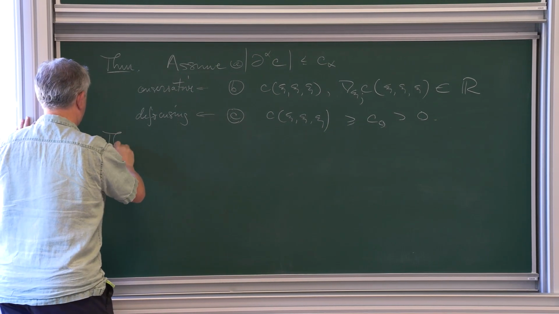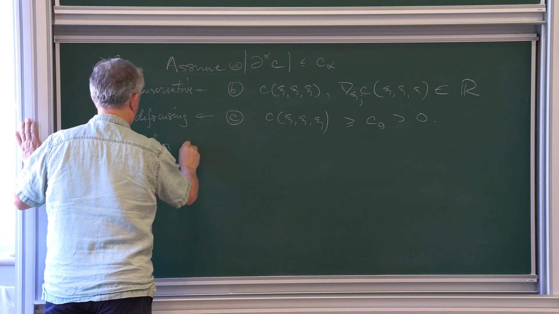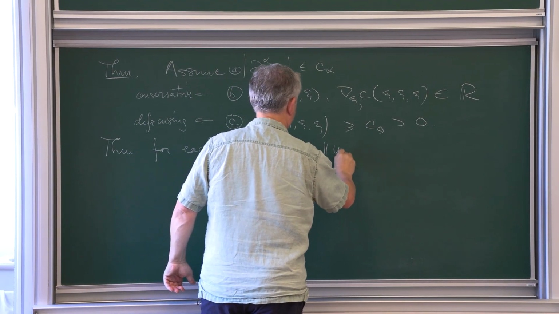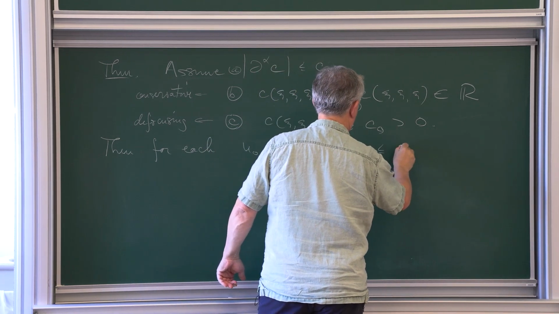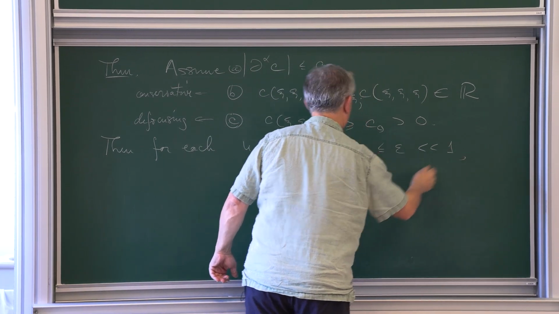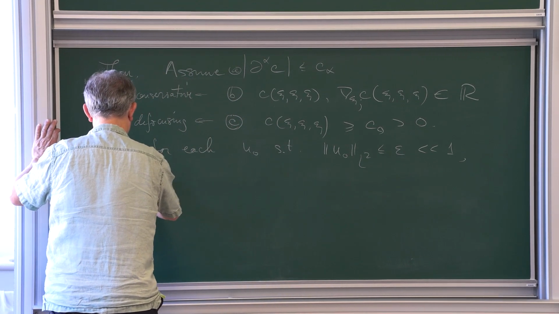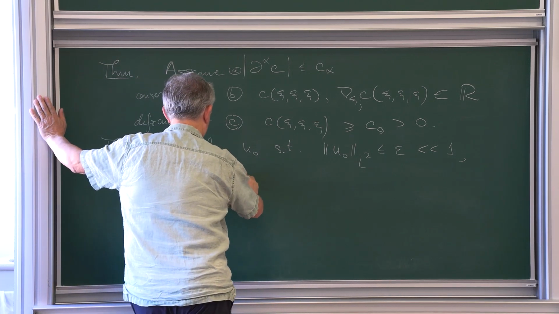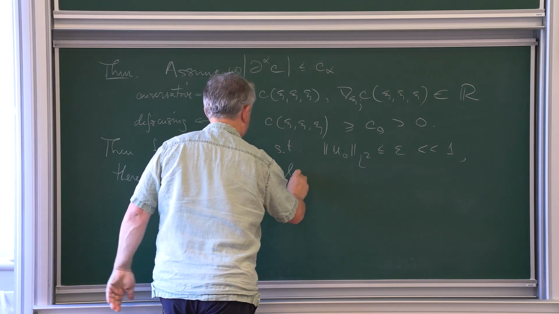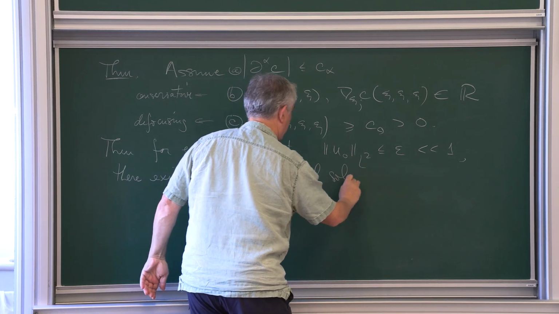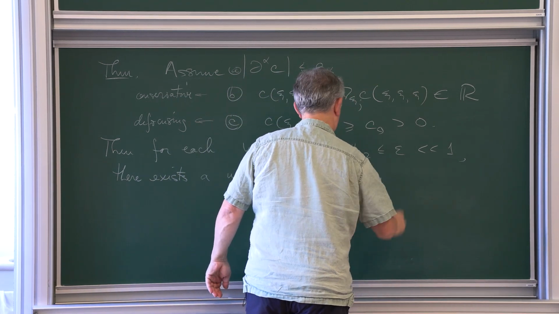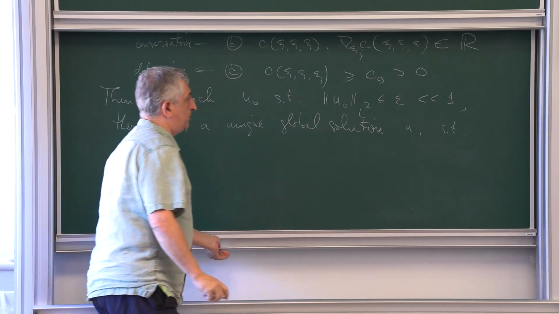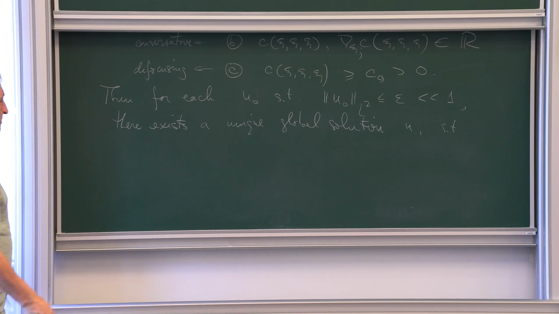Then for each initial data u0, such that the norm of u0 in L2 is smaller than epsilon, which is much smaller than 1, there exists a unique global solution u such that, and now I want to write down some estimates that are satisfied by the solution.